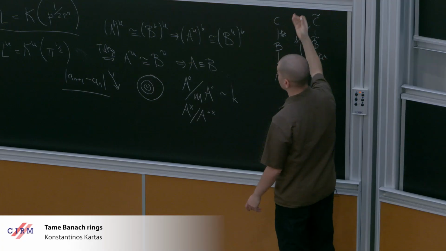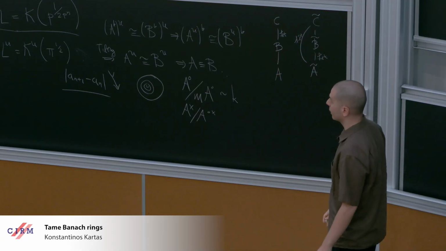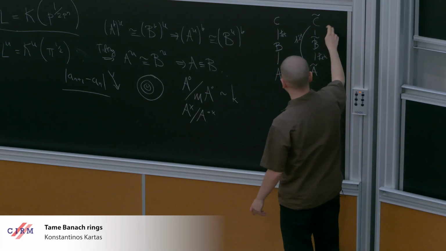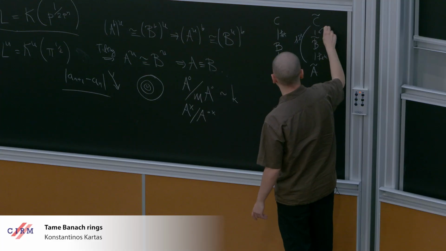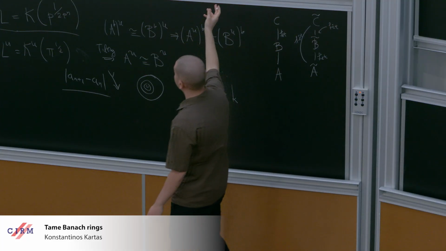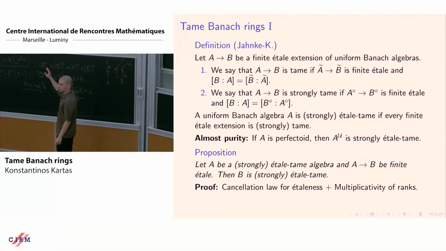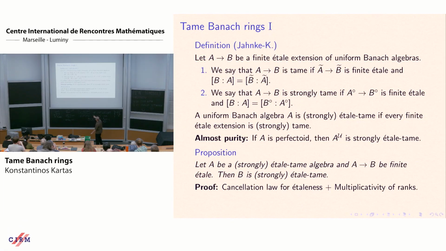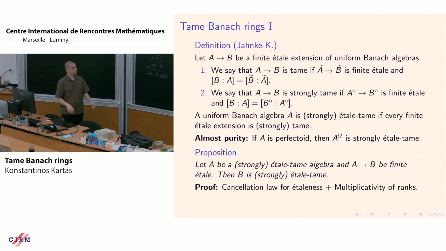And then there's a so-called cancellation law for etaleness, which allows you to deduce that this has to be finite etale as well. And then the multiplicativity of ranks for projective modules is going to give you the condition up there. So conceptually, it's very similar to how you prove the same statement for tame fields.